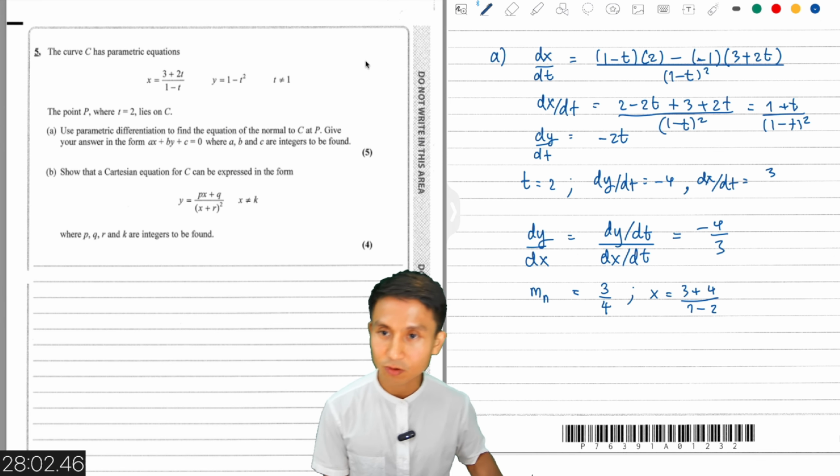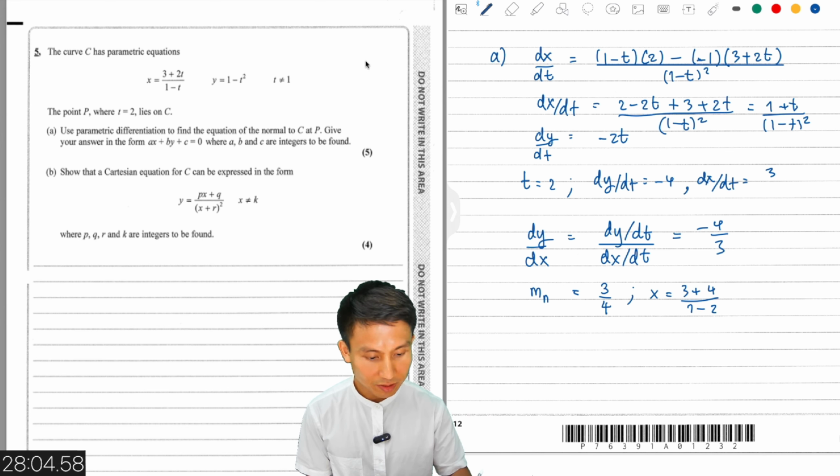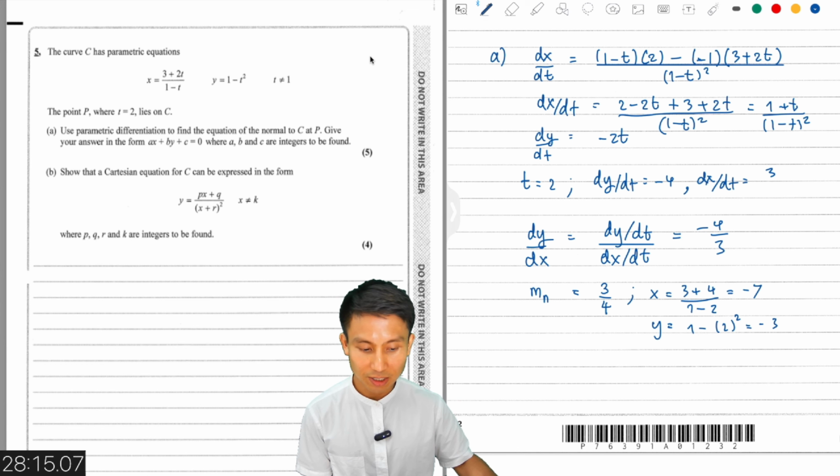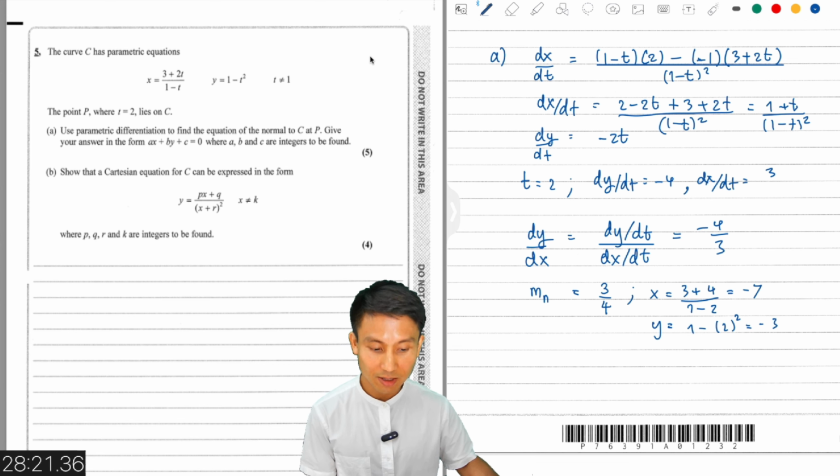So that is just minus 7, and y equals 1 minus t squared, so that's just minus 3, right? Okay, I'm checking. Yeah, I'm very careful. Okay. Yeah, I think I'm happy with that.